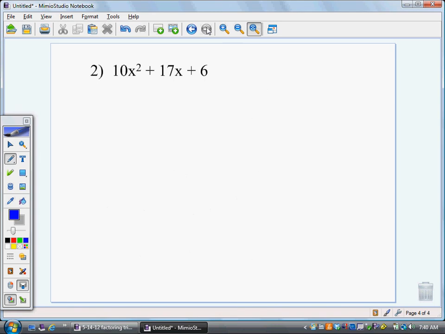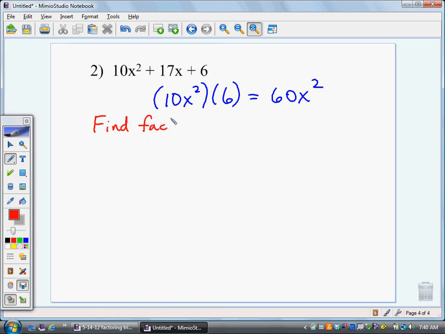And here's another one. Multiply the first and the last. It'll be 60x squared. So we're looking for factors of 60x squared that add up to 17x.